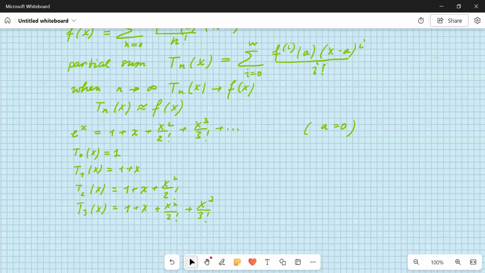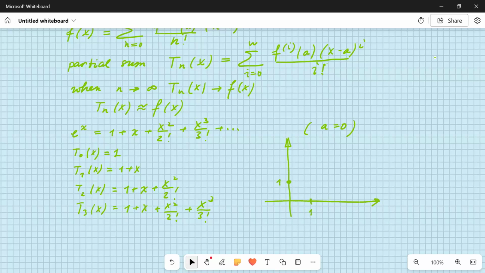How are they going to be represented on the graph? I'm going to graph the Taylor polynomials. Let's imagine this is 1, and this is another 1. Let's use the same scale on both x and y.